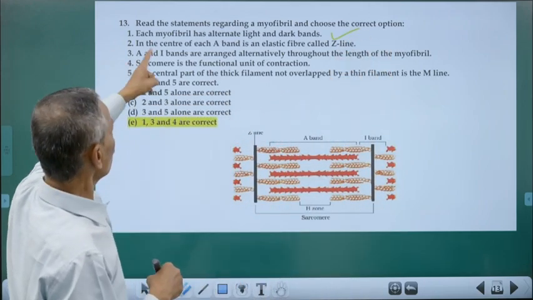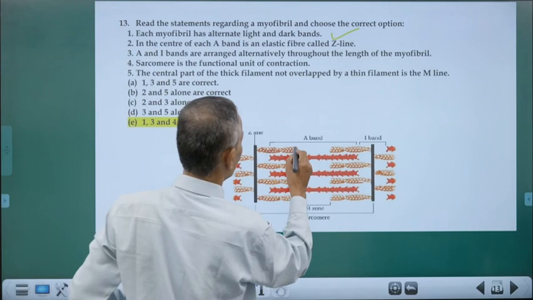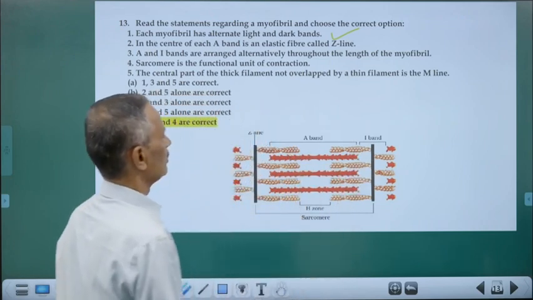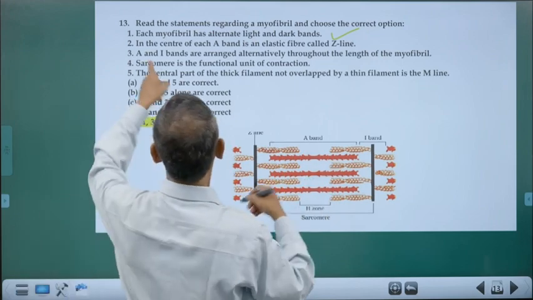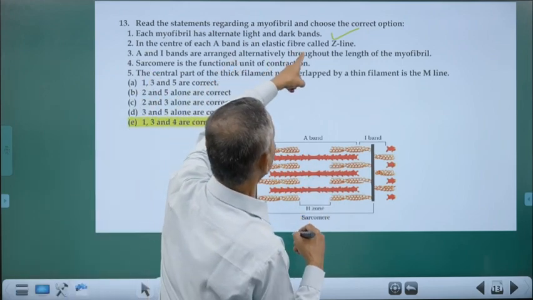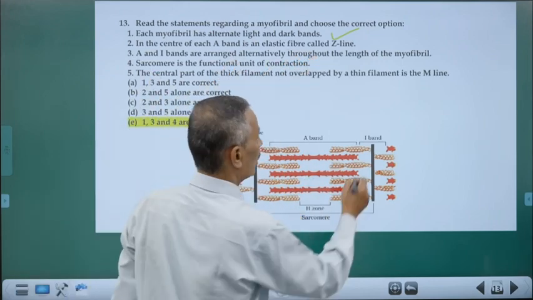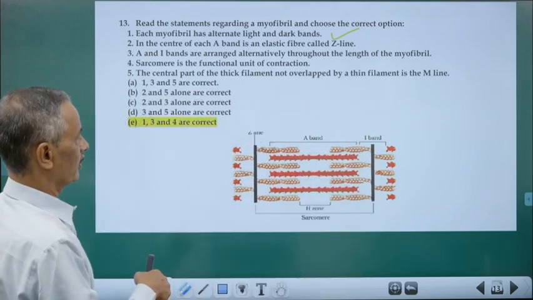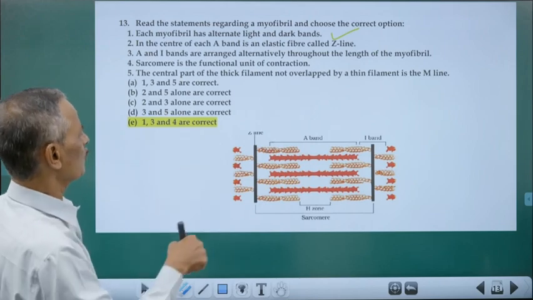In the center of each A band, see, this is the A band, in the center of that is an elastic fiber called Z line. No, Z line is present in the middle of the I band. Okay, it is in the middle of the I band.